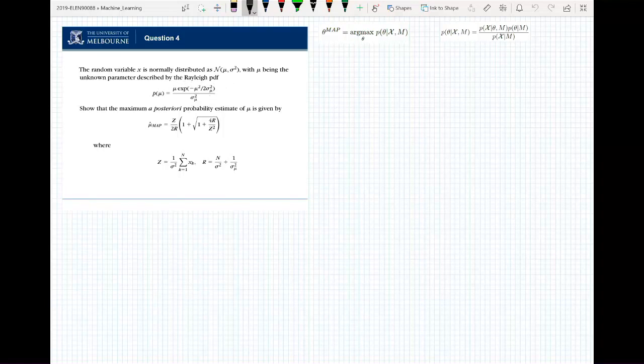If you ask what is Rayleigh distribution, that's Rayleigh distribution. So that's that. What it asks is show that the maximum a posteriori probability, MAP, estimate of mu is given by this, and z is a long expression, and r is a long expression. But then nothing other than simple algebra is used to get these results.